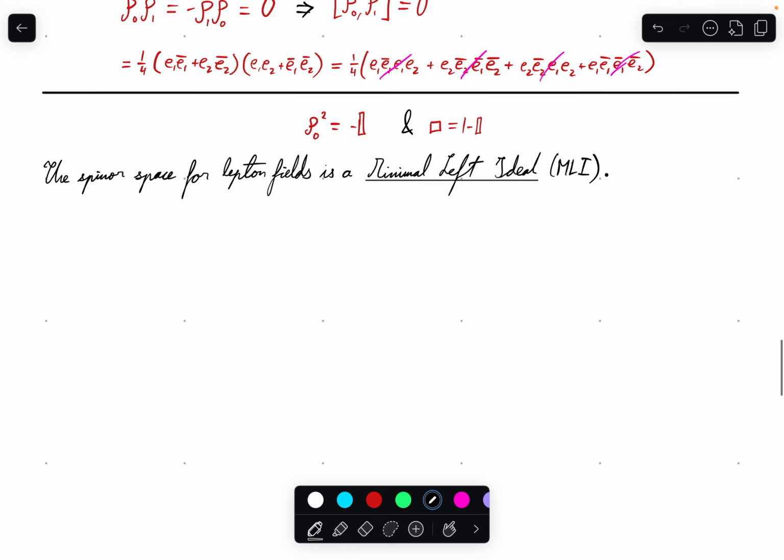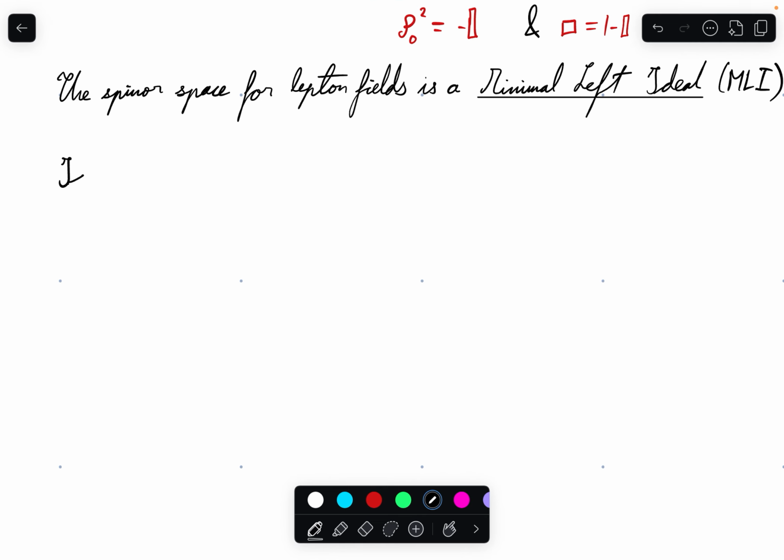So what is an ideal? Let's first define ideal.